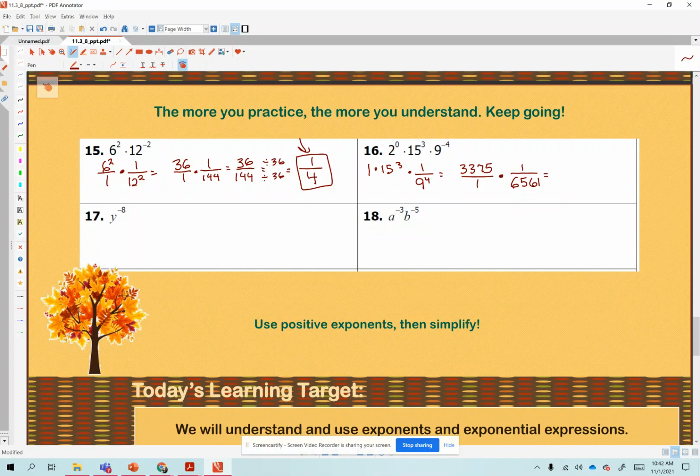So what we can do, we'll start here. And you can just start dividing this. It's hard to recognize what the factors would be.